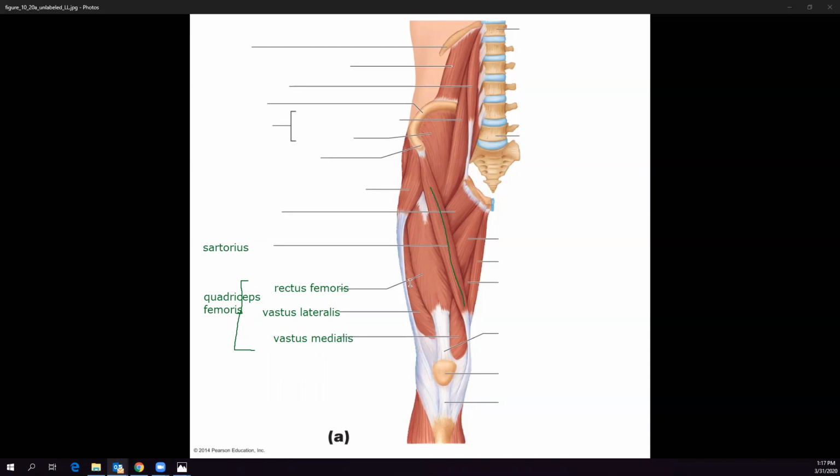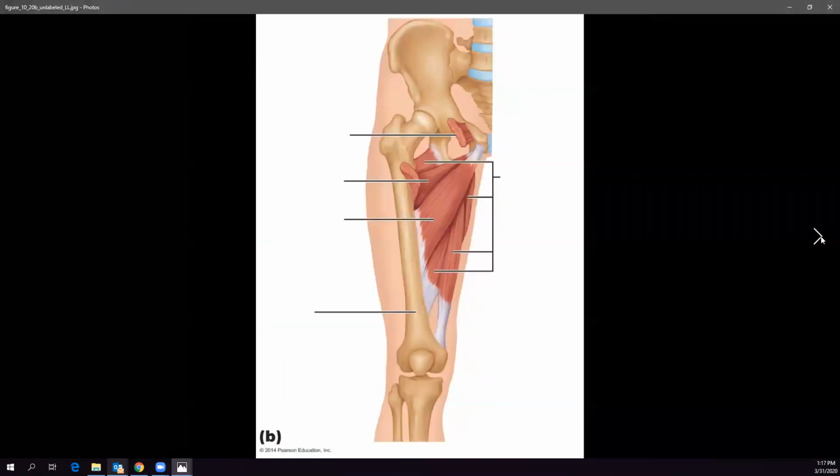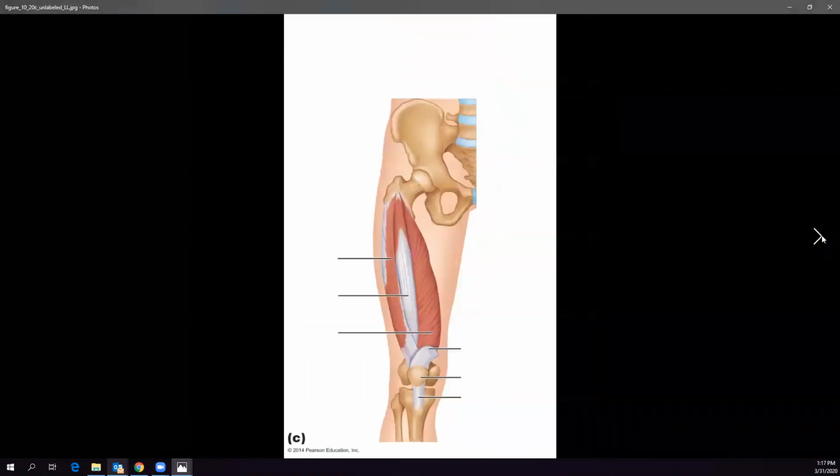Okay, and so those are the 3, but now we need to go to the next picture because we're going to cut away the rectus femoris so that we can see the vastus intermedius underneath. So we're going to go to here, and not that one. We'll come back to that picture. Here we see, so I'm going to label these again for you.